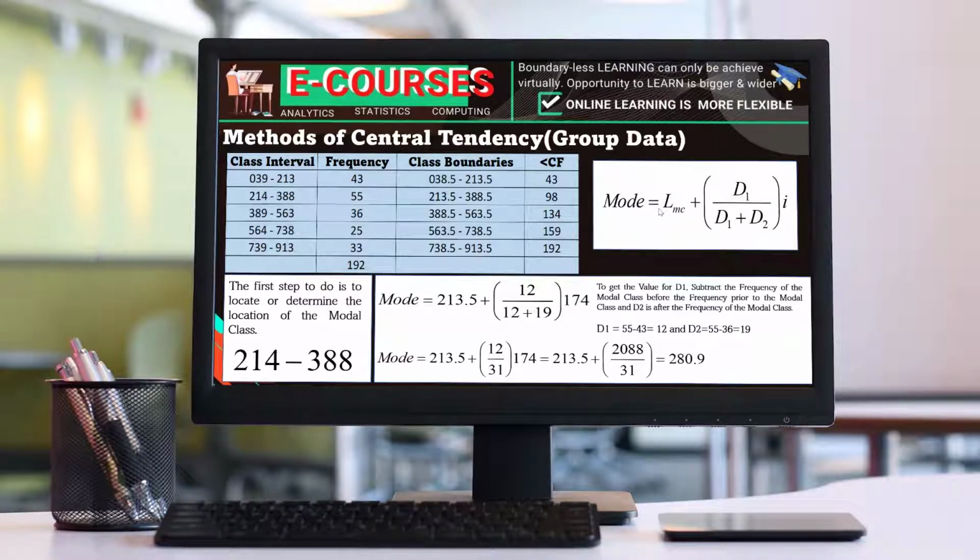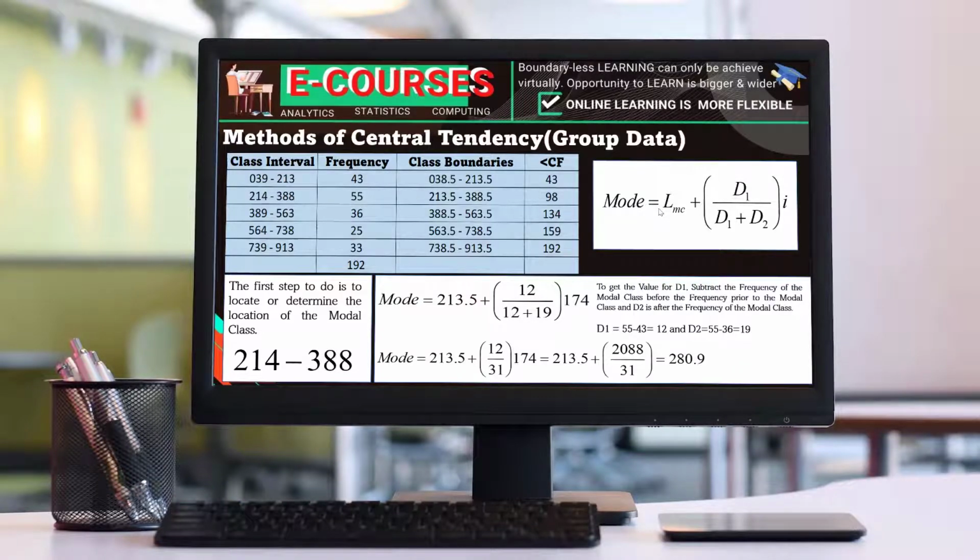Based on the table, the frequency for 214 to 388 is 55, meaning most of the values are within that class interval. So that is the modal class.